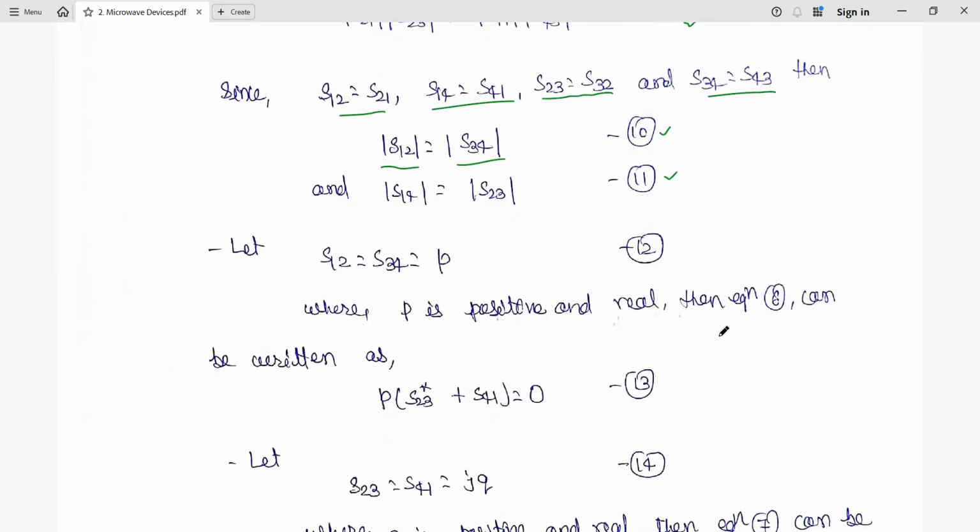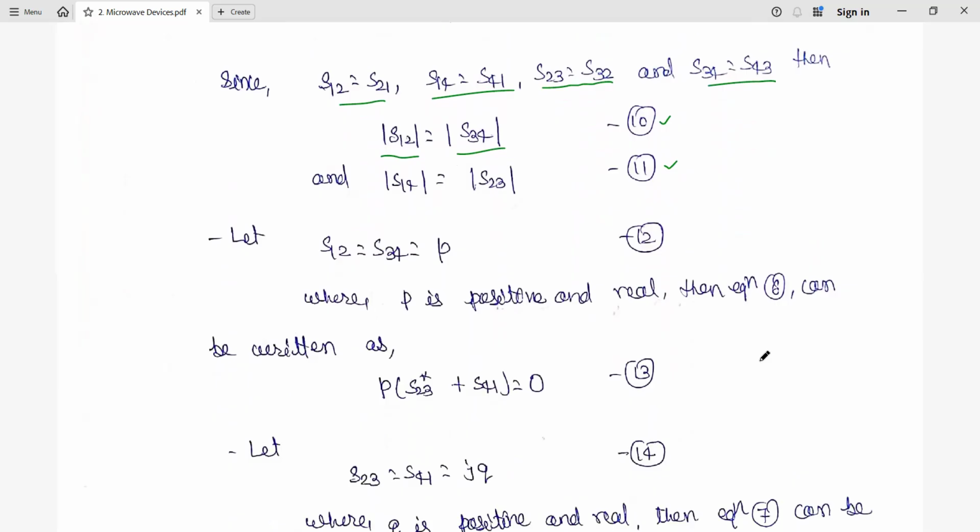Now, writing S12 equal to S34 equal to P, where P is positive as well as real, equation 6 can be written as P into S23 conjugate plus S41 equal to 0.